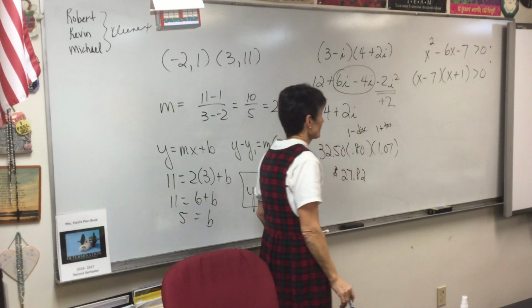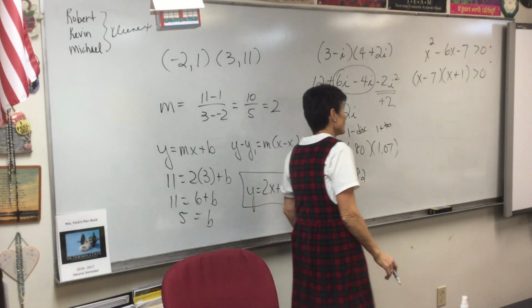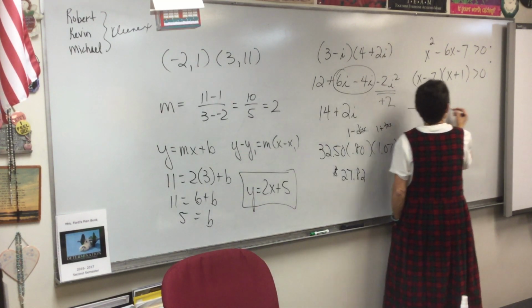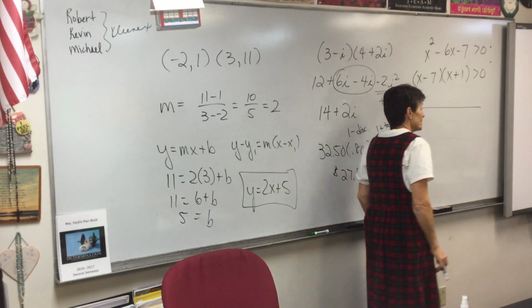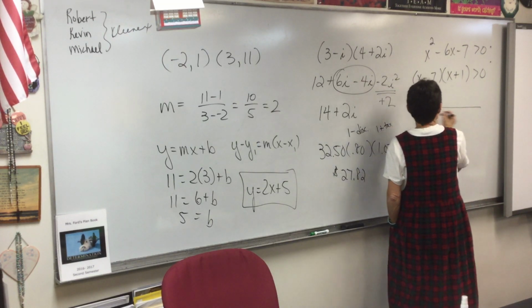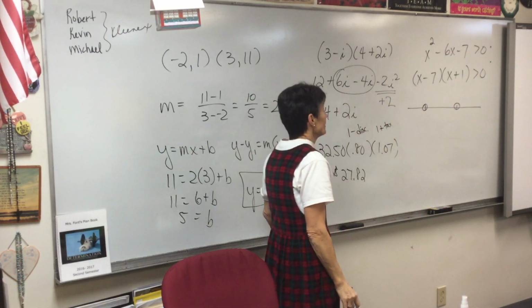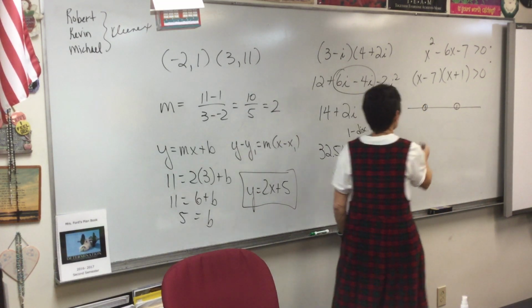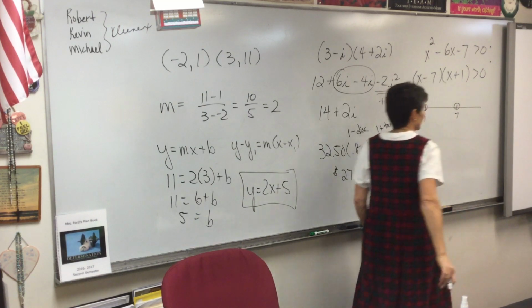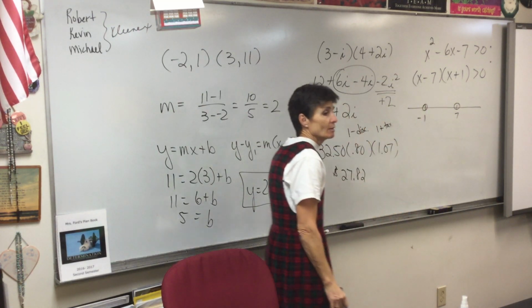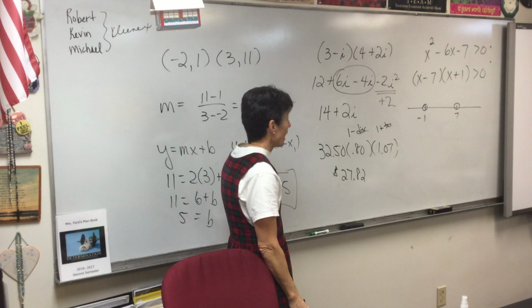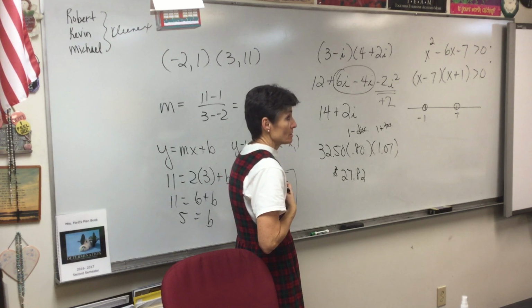Do the magic X. Once you get it factored, you draw a number line, and you put 2 dots on your number line, at 7 and negative 1. Then you have to pick where you shade. We pick a number. I like to pick 0.